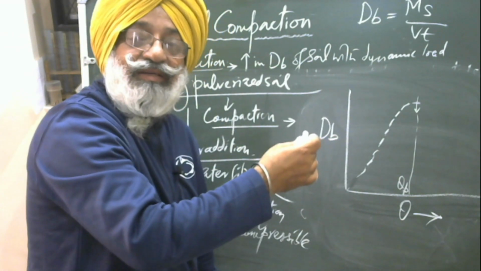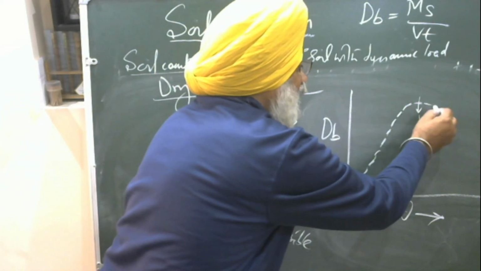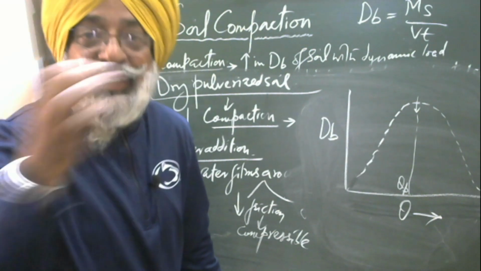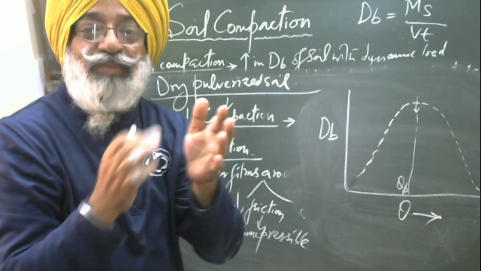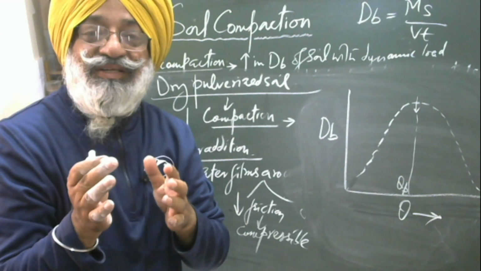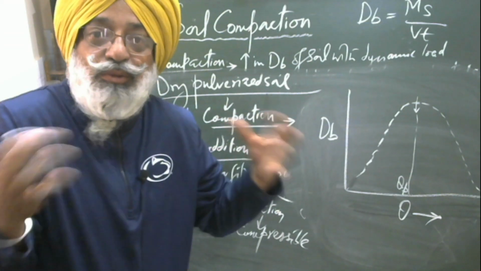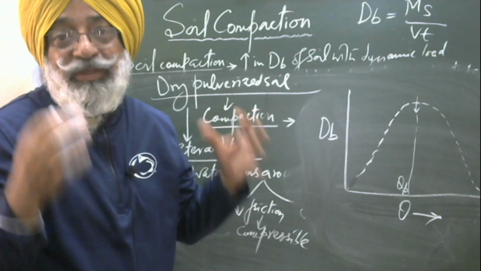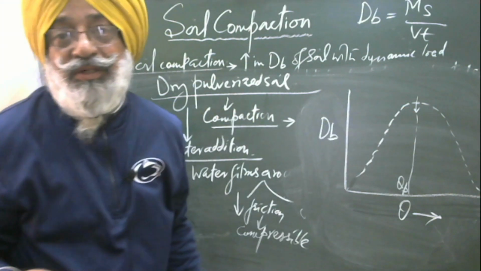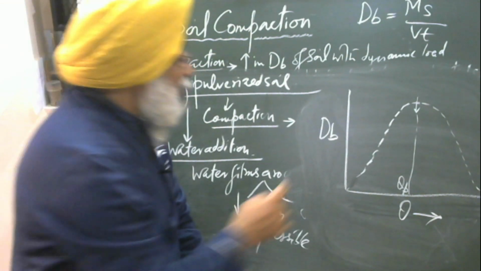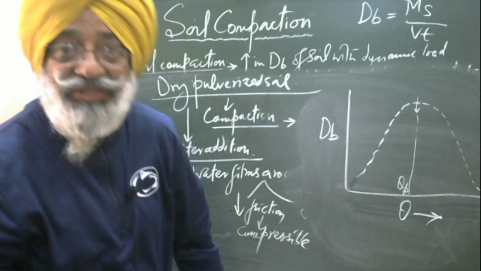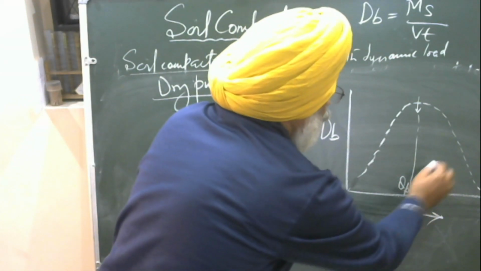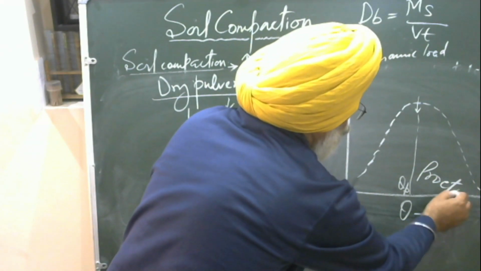After this peak, with further increase in water content, the soil compaction again starts decreasing, because now the soil behaves more like a liquid. So it doesn't bear any load. Its load bearing capacity decreases because of such high water content. The moisture content at which there is maximum compaction of the soil, we call this the Proctor moisture content.